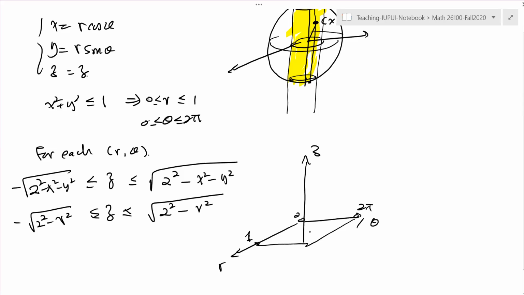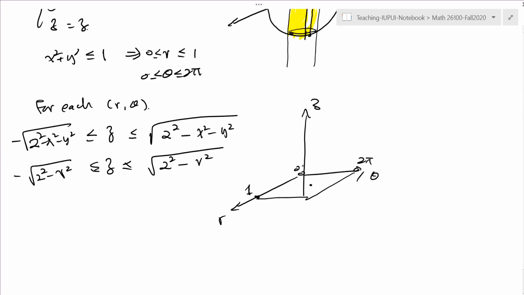But for each r and theta, the z actually changes. z equals the square root, a portion of the circle. Yeah, this is a 2. When r equals 1, I get square root of 3. So the bottom part is like that.